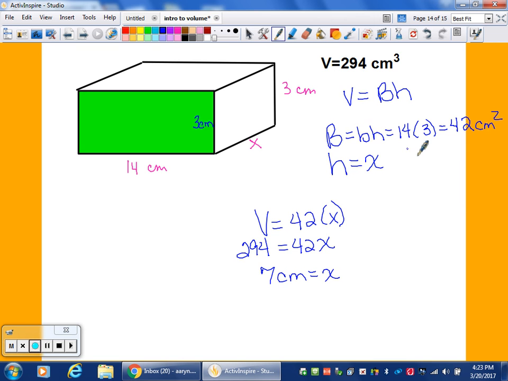So to find the area of the base, little b times h would be 14 times 3, which is 42. Height of my prism would be x. I don't know that. So volume 294 equals 42x. Divided by 42, I get that x, the height of my prism, is 7 centimeters.